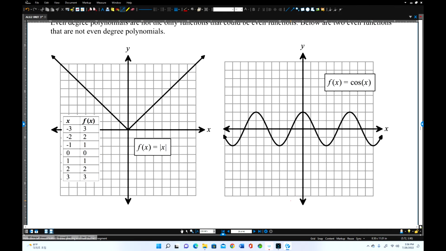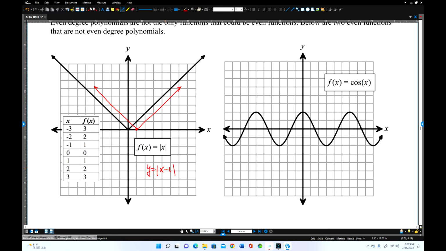Okay, y equals absolute value of x is exactly an even function, with symmetry in the y-axis. If we have y equals x minus 1, that is a transformation, a move 1 unit to the right. The vertex is over here and the graph looks this way. This graph is not symmetric in the y-axis.